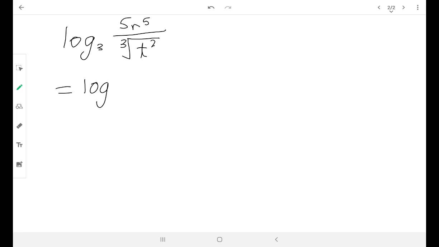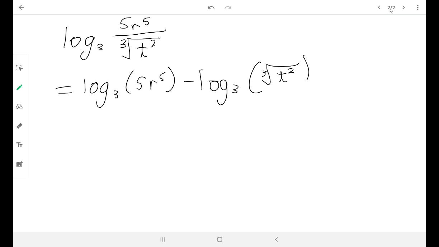So that'll be log base 3 of the whole top minus log base 3 of the entire bottom. Okay. And then I've got to start working on expanding each of those things individually.